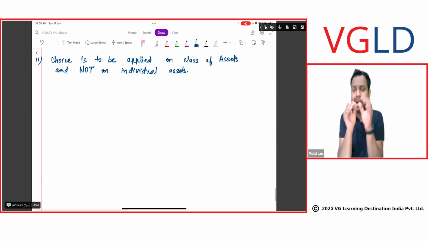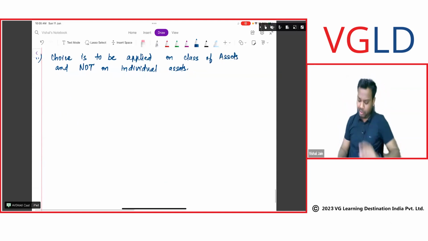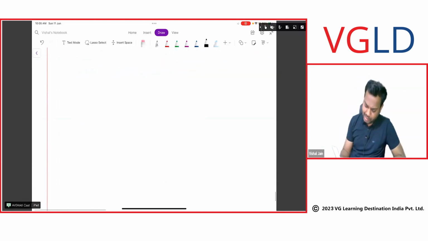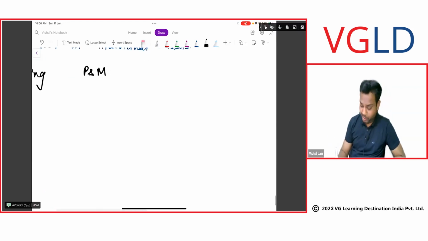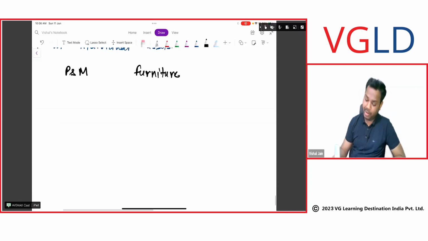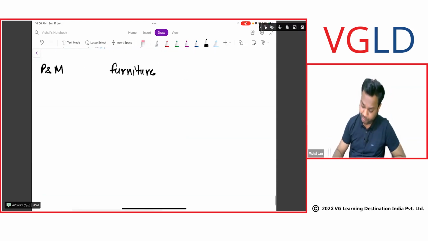Every entity makes up a class of assets. Like this is my official building, this is my factory building, this is the plant and machinery, this is the office equipment, and all other equipment. Let me write here, this is the class: building, plant and machinery, furnitures, and office equipments.